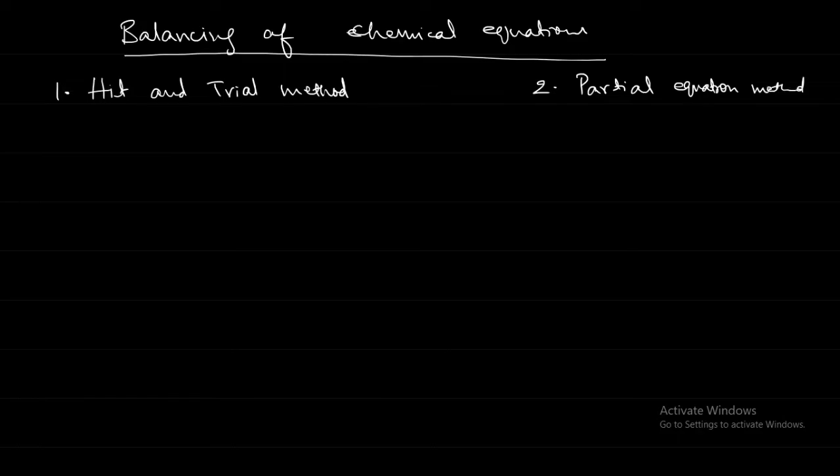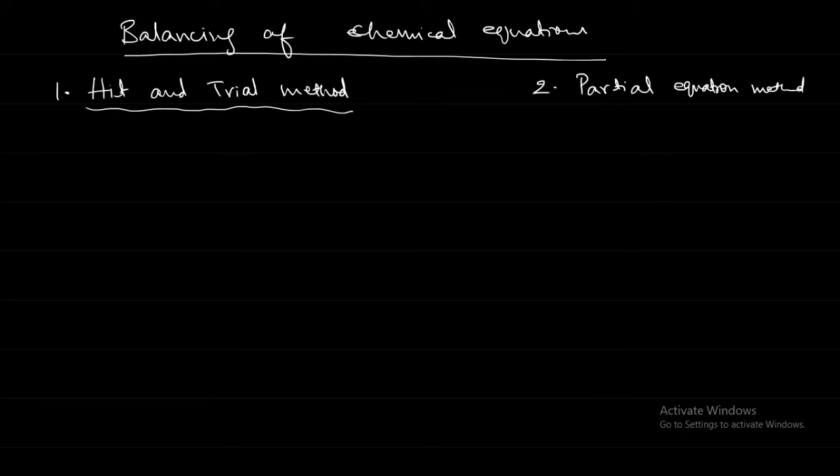Other than these 2, which are given in your textbook, there are other methods which involve mathematical balancing. Okay, so we will see these 2 first. The first one is the hit and trial method. Hit and trial means you will make some change in that equation and you will see whether it is balancing or not. So in this way you are doing a trial, and you will check.